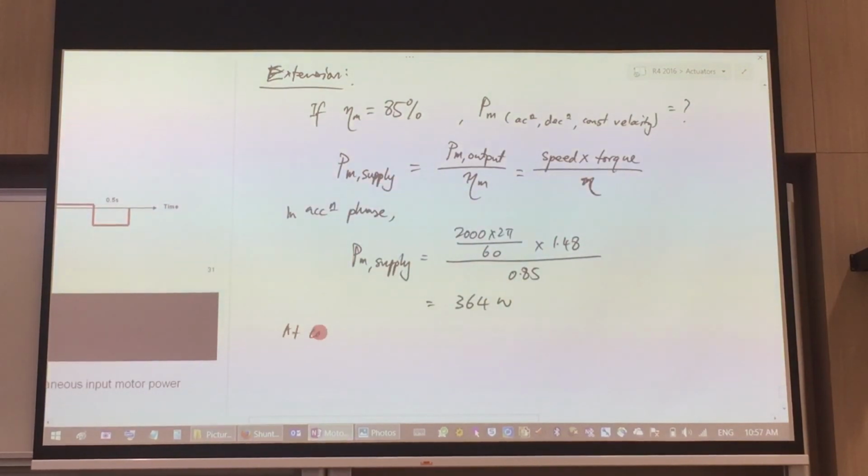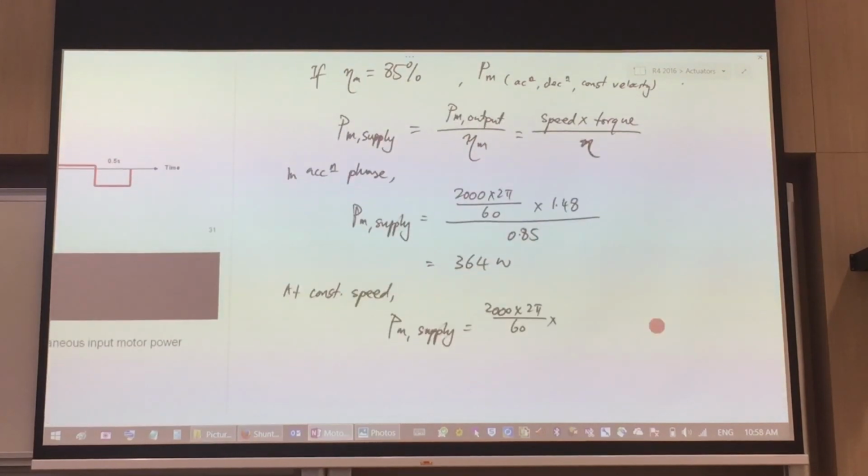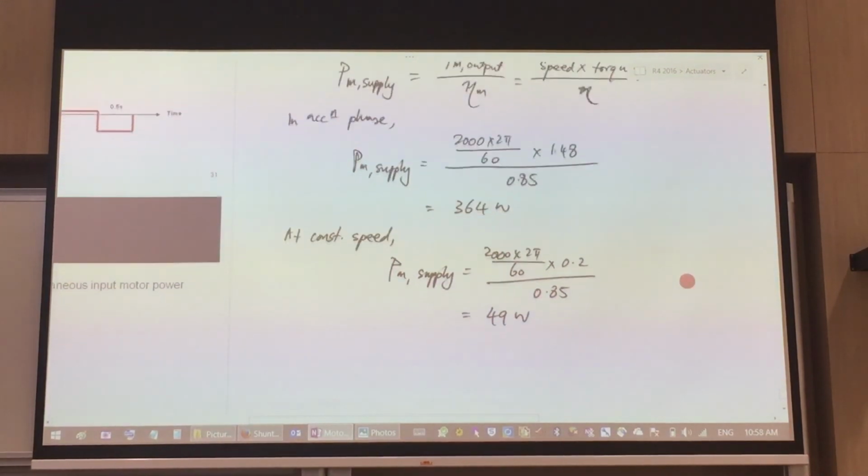In the constant velocity phase, that P_M supply is just doing the same thing, but with different torque. So in the case of constant velocity, that's 0.2. So I get that as 49 watts.